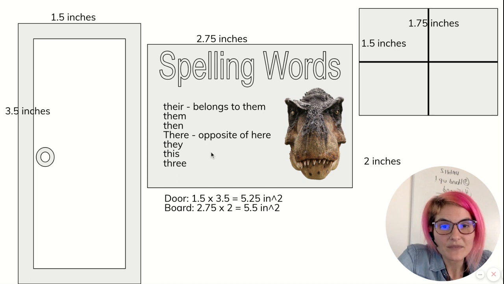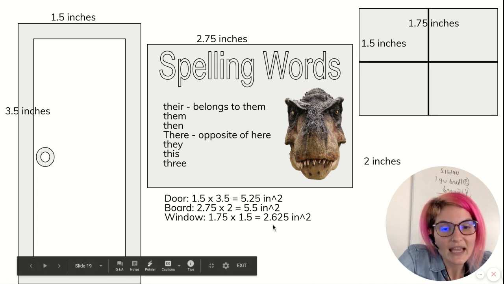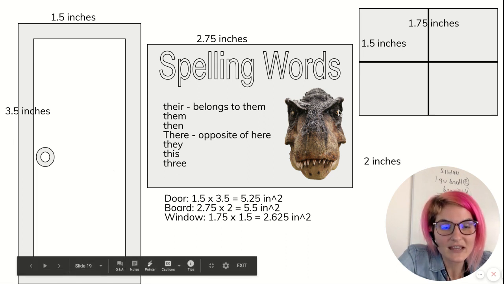My bulletin board is 2.75 inches times 2 inches, which gives me 5.5 inches squared. I'm not going to paint that either. Don't want to cover up T-Rexy. And then my window is 1.75 inches times 1.5 inches, which gives me 2.625 inches squared. So now I have the areas of the things I'm not going to paint.